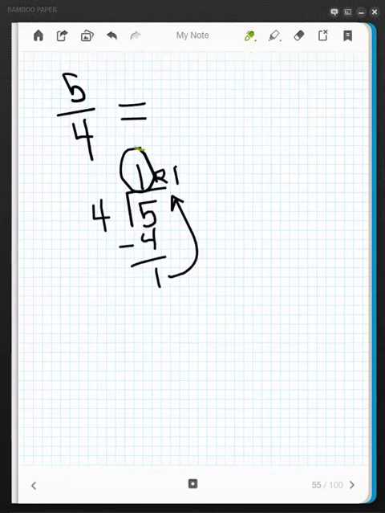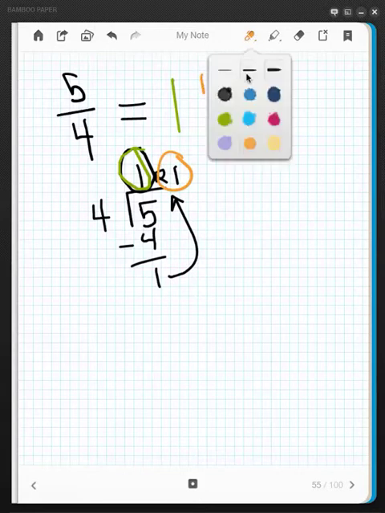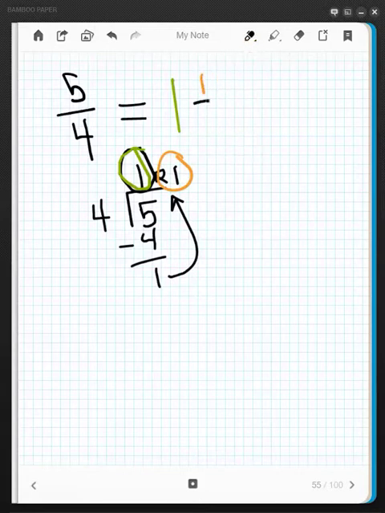This quotient becomes my whole number, my remainder becomes my new numerator, and my denominator is the same as it was before.